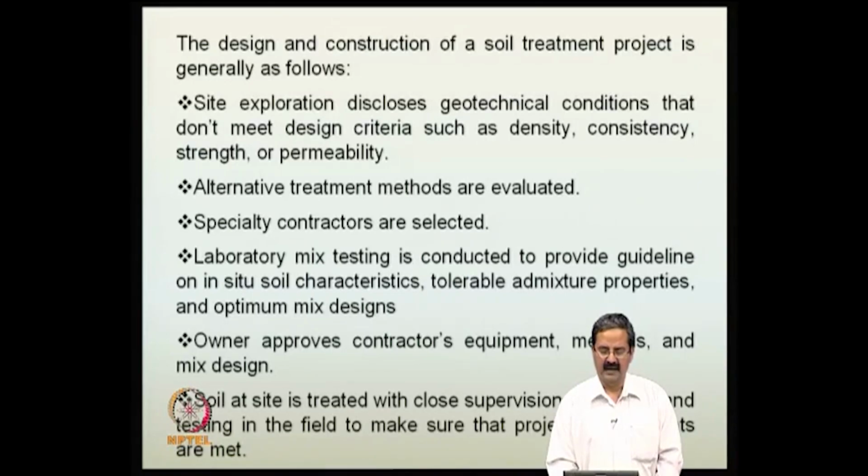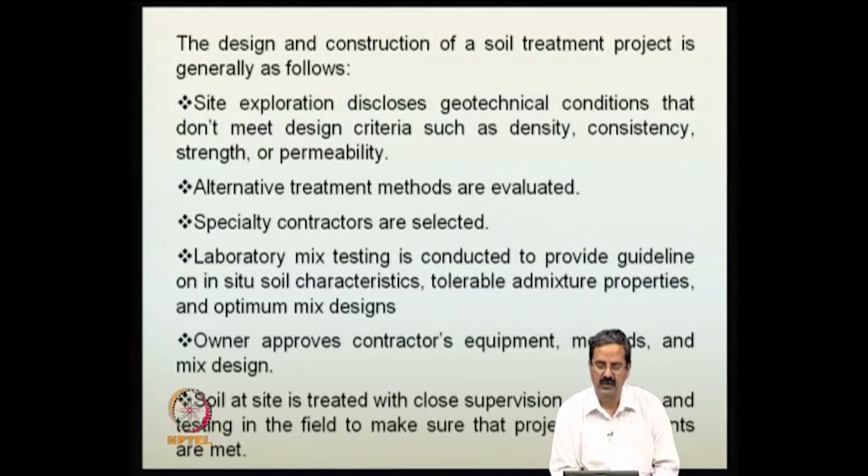So, one has to look at all these numbers of the in situ system. You have a soft soil in a particular area; maybe you imagine a highway coming up for about 100 kilometers connecting two villages which have soft soils as the foundation medium.